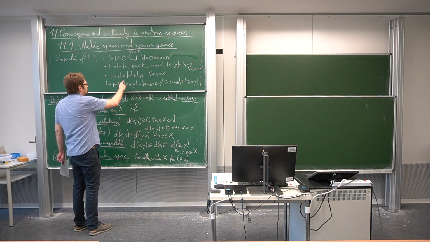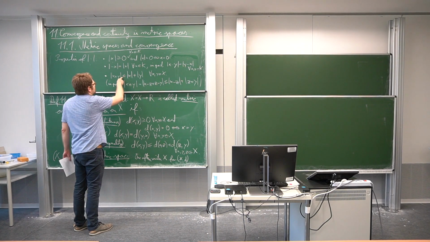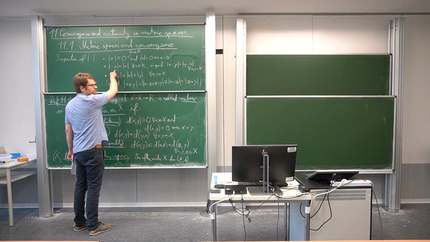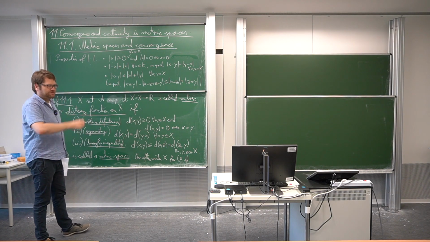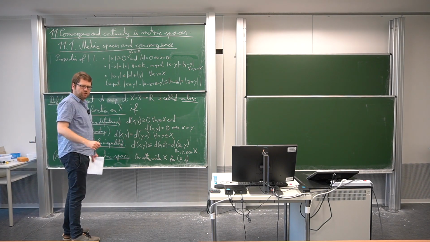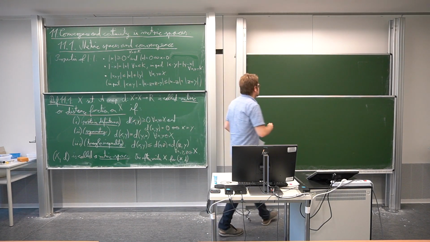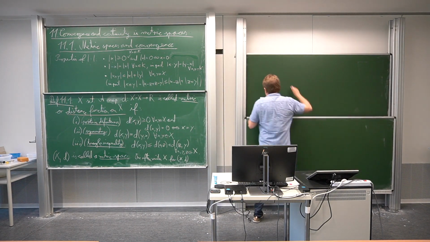If we replace the vertical bars by double bars, this is the triangle inequality for norms. This is a consequence of the norm property that constants multiply on the outside with the absolute value, and this was property 1 of a norm. So norms give metrics. This is a direct generalization of the absolute value, we get norms.